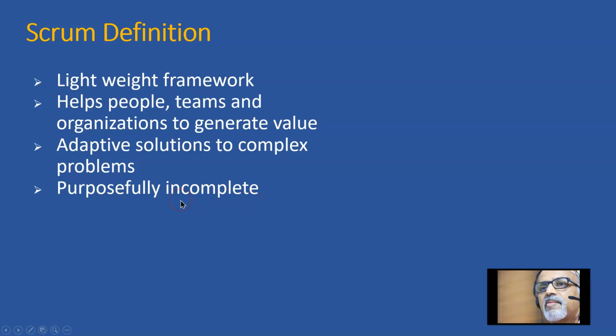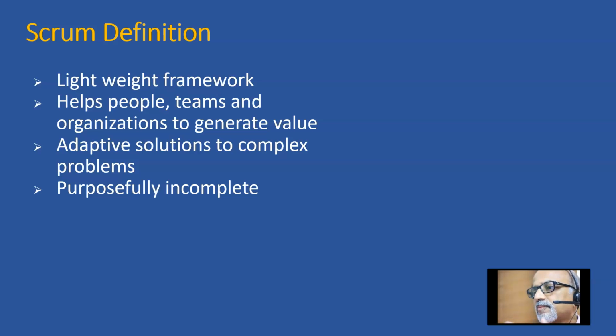When we say purposefully incomplete, Scrum is just a wrapper and it can accommodate any best practice. For example, earned value management is a best practice in predictive project management. If the team feels that earned value management can add value to a particular Scrum project, they can adopt it.